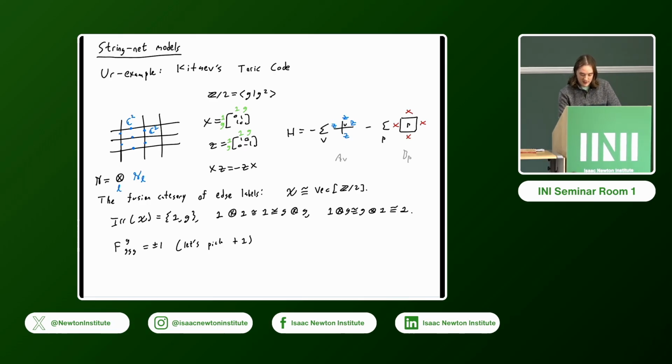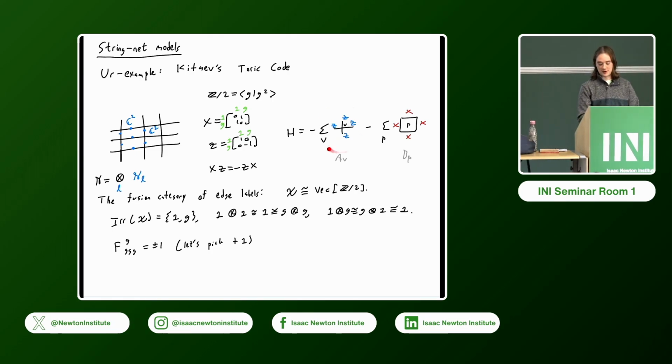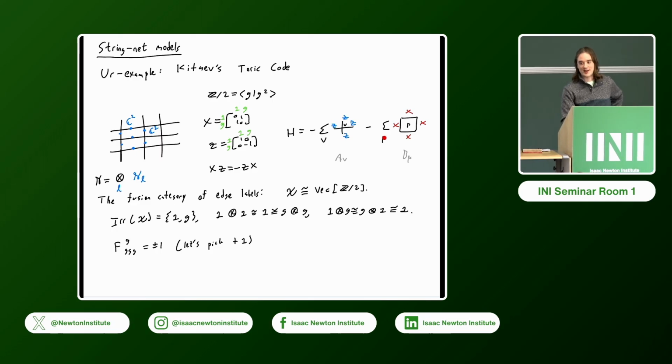It will be minus the sum over every vertex of the tensor product of Pauli Z on the 4 surrounding edges, and then the identity operator on every other edge I didn't draw in this little picture here. And then for every face, which is denoted by P for plaquette, I will have Pauli X on the edges around that. These terms are called A_V associated to the vertex V and B_P associated to the plaquette P.